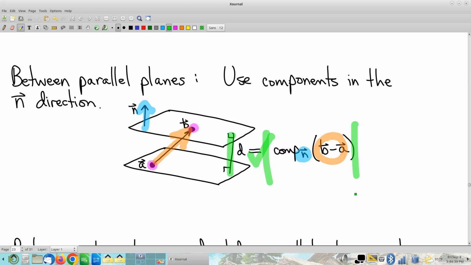Yeah, go ahead. So do you have to unitize n then? Well, not really, and kind of. The definition of component allows for n to be a unit vector or not a unit vector, either one. But if you look at the formula for how to compute component, it ends up being a dot product with the associated unit vector.